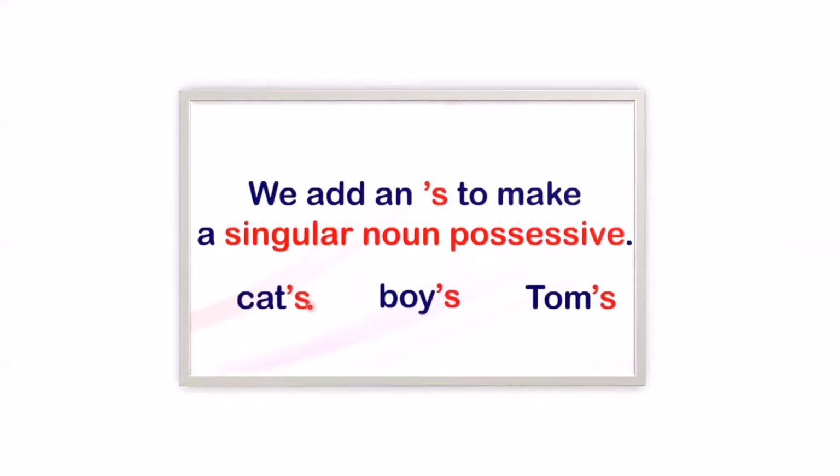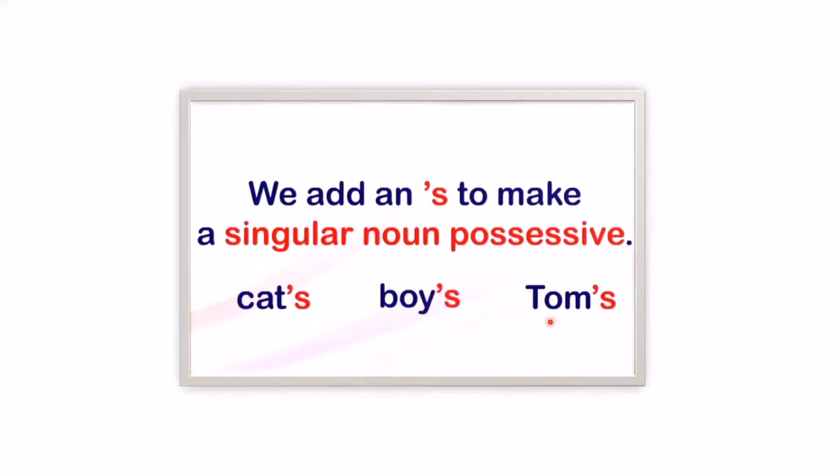Clear? So here also, the word cat is referring to one cat. So what I have done? First apostrophe sign I have put, then s. In the same way, boy, one boy, boy means only one, singular. So here also, I have put first apostrophe, then s.